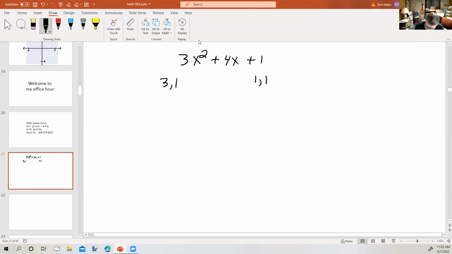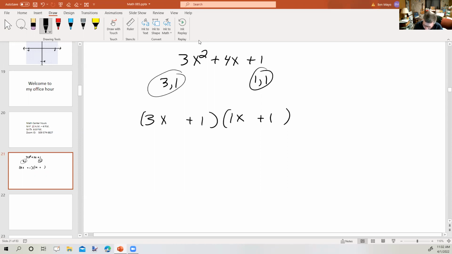Now, what we do next is we take these numbers and we put them at the front of two binomials. We take these numbers and we put them at the rear of the two binomials. In this case, since there's only one pair here and these two numbers are identical, this is the only possibility. So (3x + 1)(x + 1) would be the final answer.